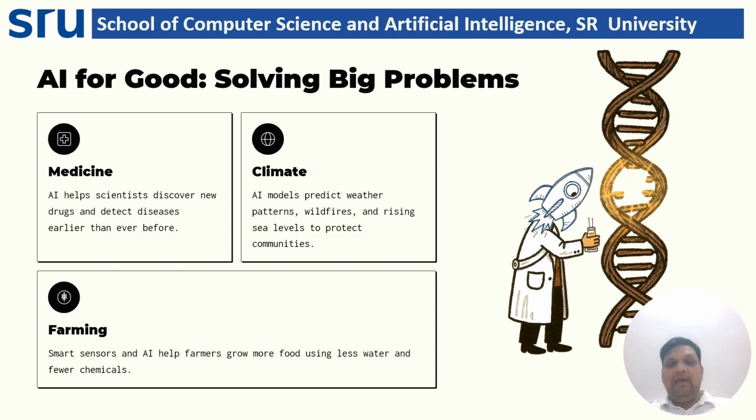Climate: AI models predict weather patterns, wildfires, and rising sea levels to protect communities. Farming: smart sensors and AI help farmers grow more food using less water and fewer chemicals.